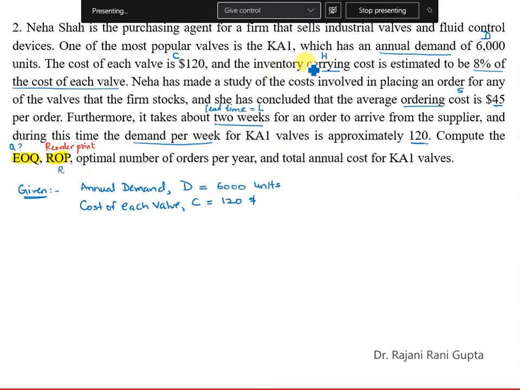Now what is given? Inventory carrying cost, which we are denoting by H. It is 8% of the cost of each one.